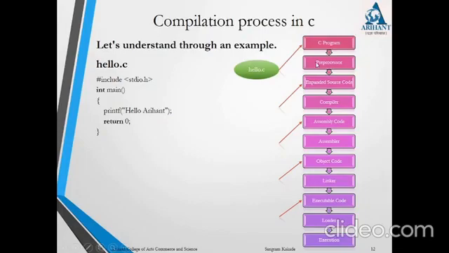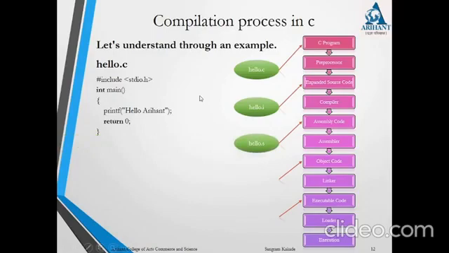The preprocessor will expand the code, and it includes the entire stdio.h header file code into the program. The output of the preprocessor is hello.i, which is the expanded code generated by the preprocessor. This expanded code is sent to the compiler.